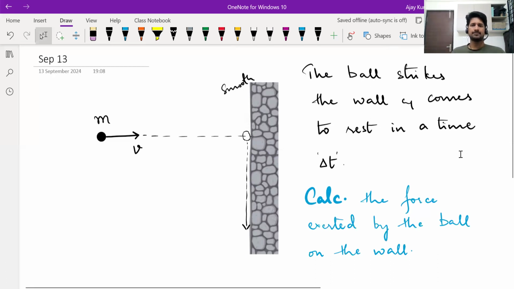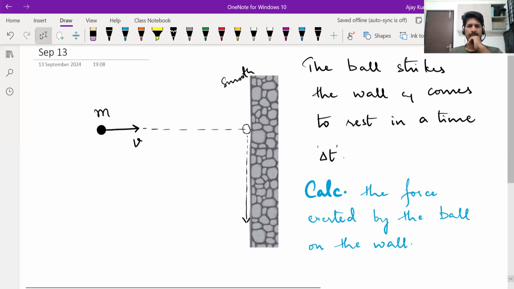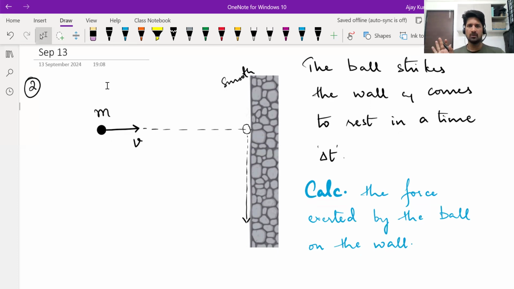Do this, all of you. It is given to you that the ball hits the wall and comes to rest. Means the ball loses all its momentum. And all that happens in a time delta t. Find out the force acting on the wall. So you have to think of how force is related to momentum.